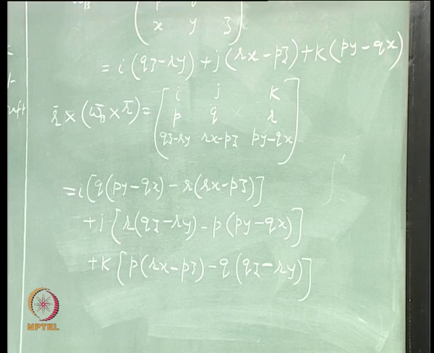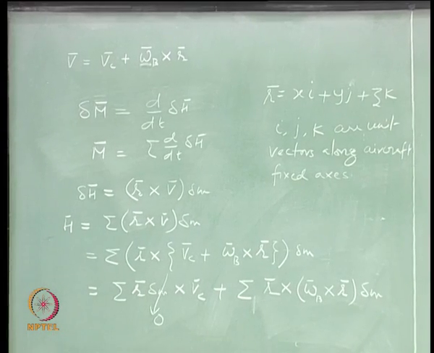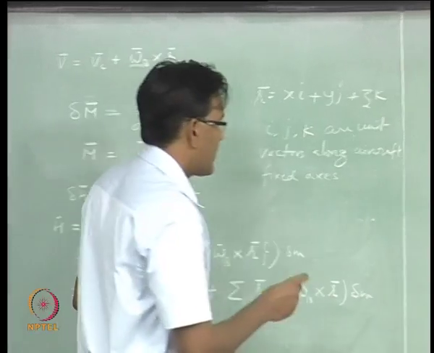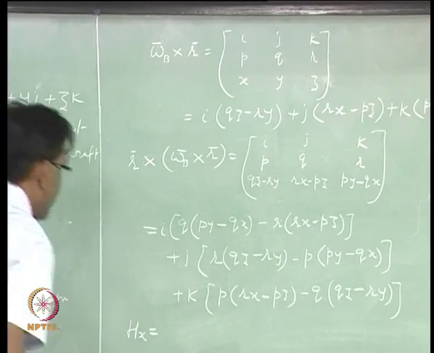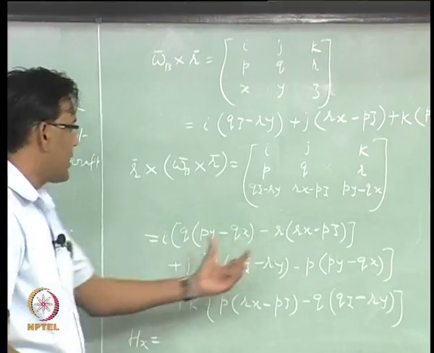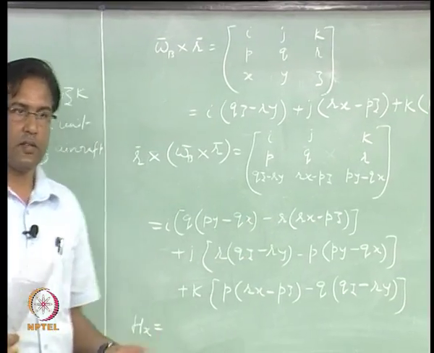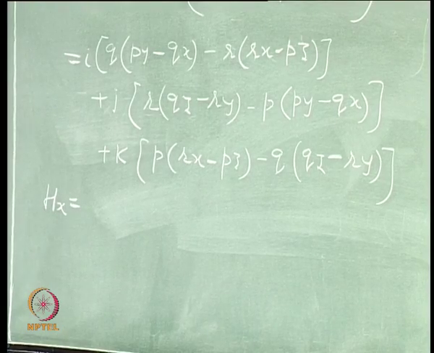So, I have found an expression for the components of this vector h along body fixed axis, right. So, what is the x component? This into delta m, and we have to sum it over the whole aircraft.